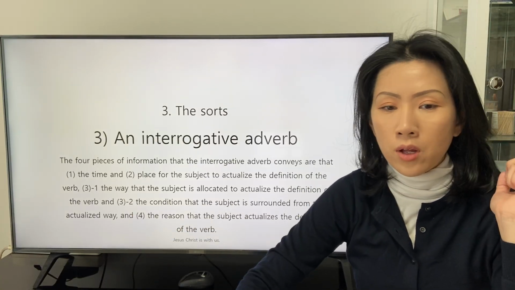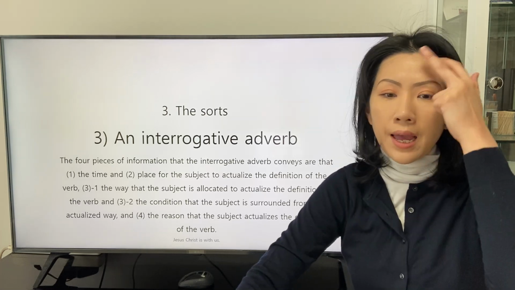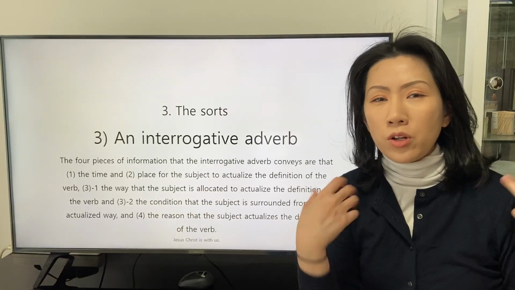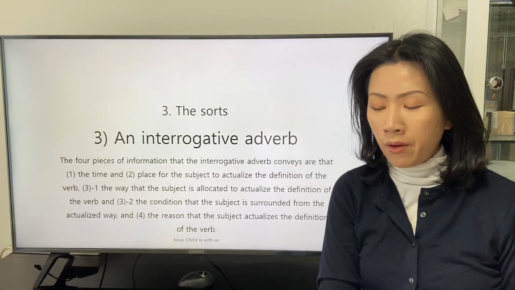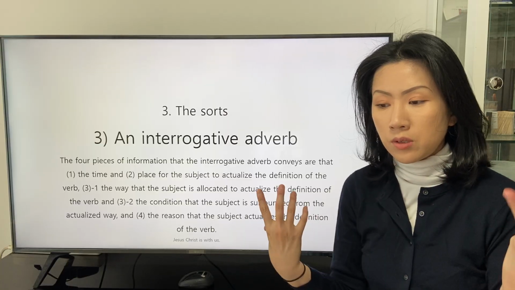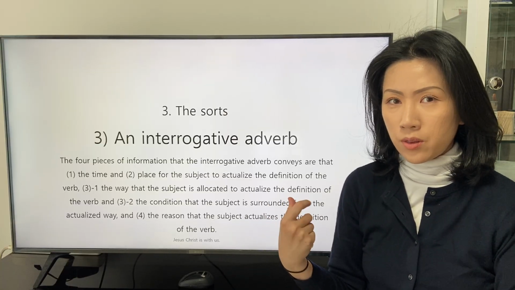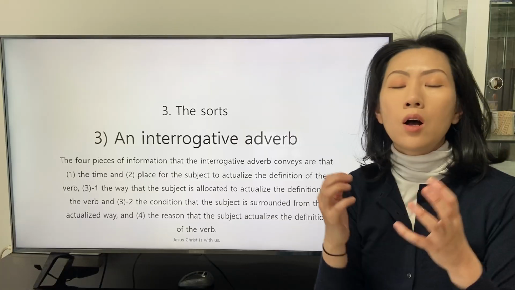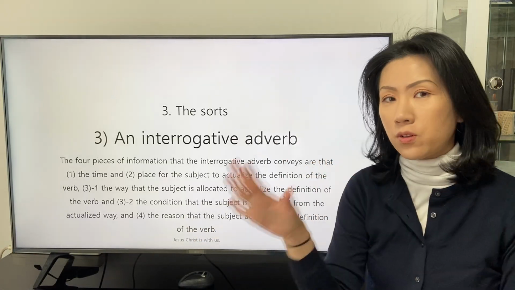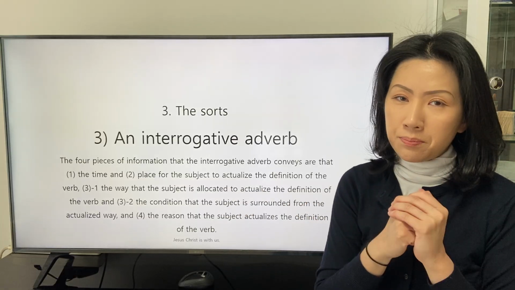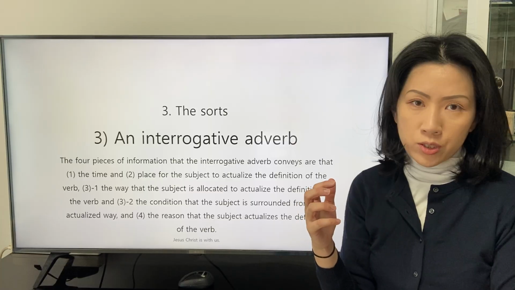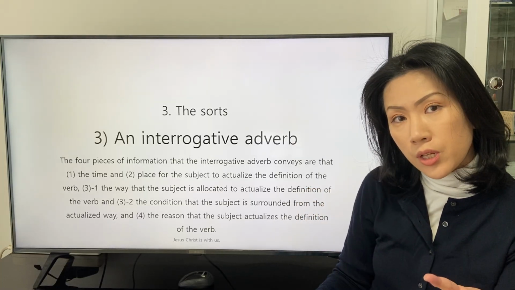And the second one for the third information is the condition that the subject is surrounded from the actualized way. This is about the condition that the subject is surrounded after the subject chooses one of the ways to actualize the definition of the verb of the clause. Let's go back to the example. According to the question, how do you go to school?